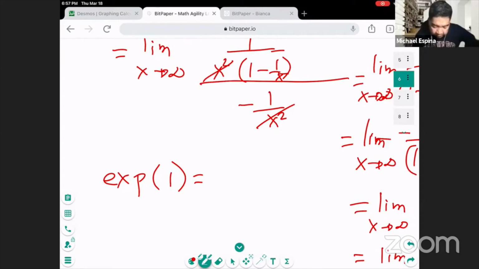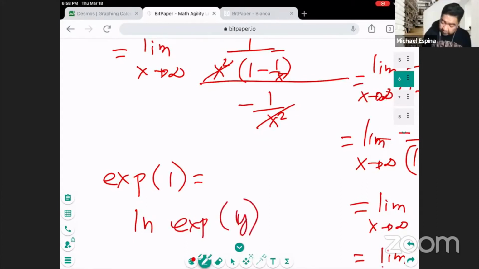So exp is exp. Okay, sorry. So y equals 1. So exp, ln of exp of y would be ln of exp of infinity, right?